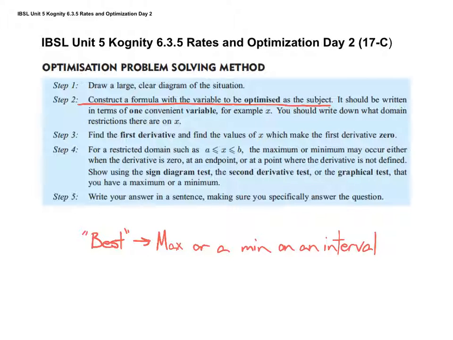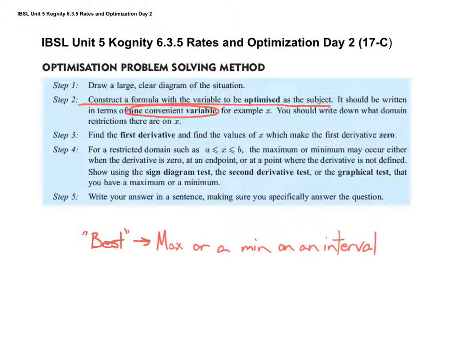Now, in order to actually be able to use it, it needs to be a function. So it needs to be in terms of one variable. You may not be able to figure that out initially right off the bat. You may have a formula you know you can use, but it has 2 or 3 or even 4 variables. That's okay, write it down.